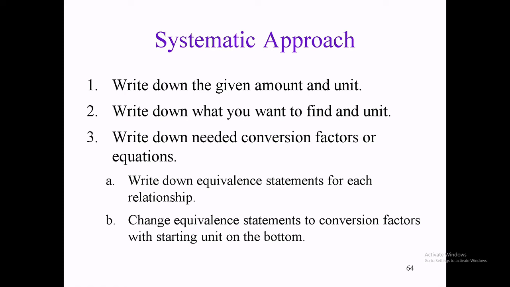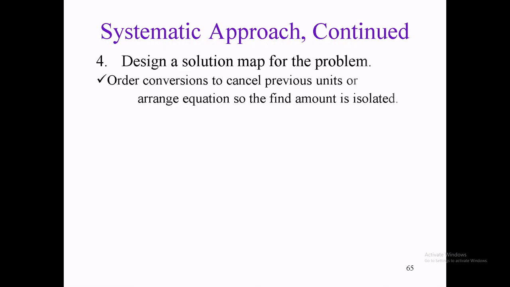So we're going to go back to those tables I gave you earlier, and we're going to find those facts, those equations that allow us to interconvert between the two different units. We'll write down these equivalent statements for each relationship, and we'll change the equivalent statements to conversion factors with the starting unit on the bottom. All right, so we'll see how that works out in just a second.